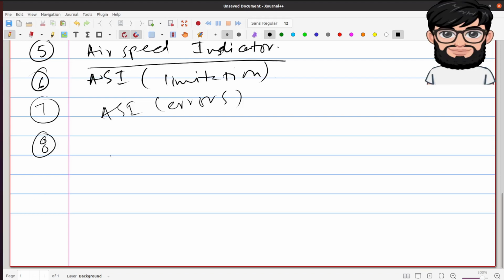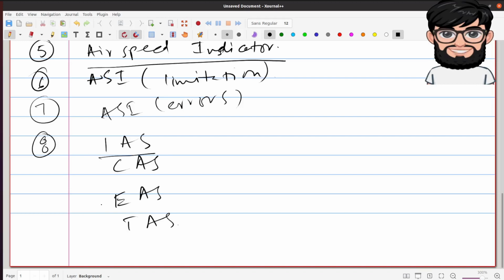Okay, now I want to briefly talk about some of the speeds. Let's just do 4 here. IAS is the indicated airspeed, right?